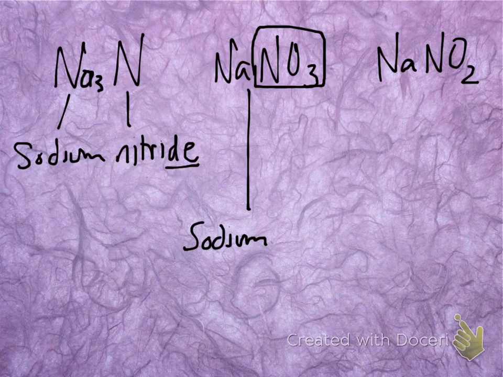You'll just recognize, oh, NO3, that's nitrate. You have to go look at your ion reference sheet. Look at your common polyatomic ions. What is NO3 called? Nitrate. So this is sodium nitrate.